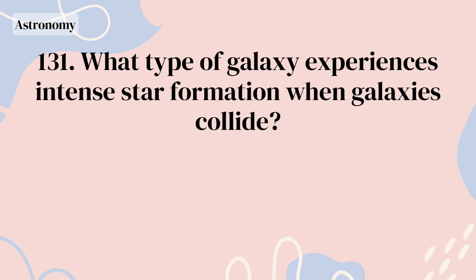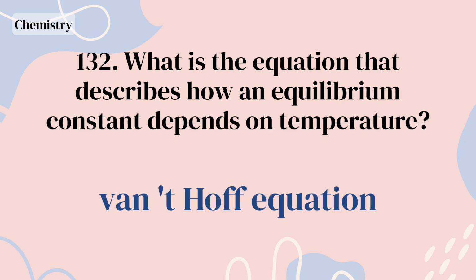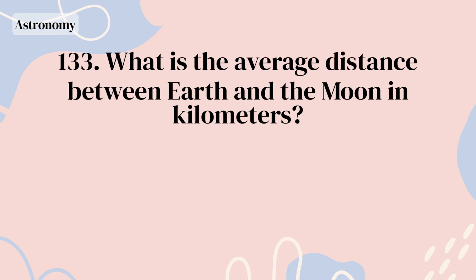Fibrinogen. What type of galaxy experiences intense star formation when galaxies collide? Starburst galaxy. What is the equation that describes how an equilibrium constant depends on temperature? Van 't Hoff equation. What is the average distance between Earth and the Moon in kilometers?